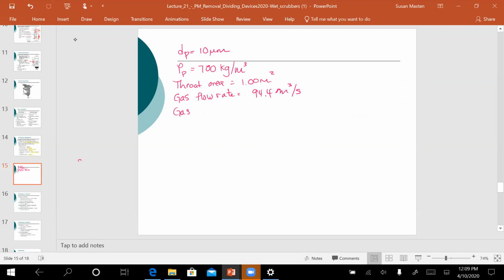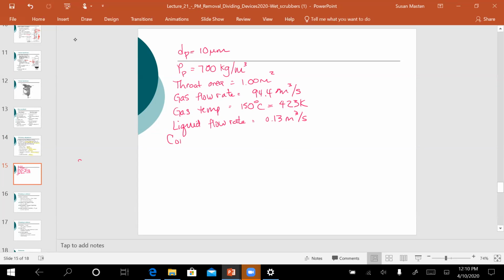A gas temperature of 150 degrees C or 423 Kelvin. A liquid flow rate of 0.13 meters cubed per second.